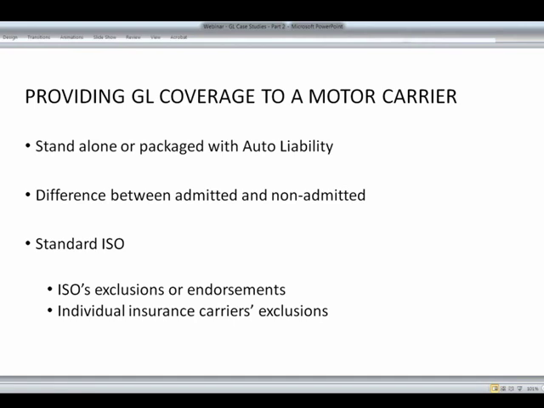So I'm encouraging you, whether it's admitted or not admitted, in my personal opinion, the difference is immaterial. There is some concern about the guarantee funds, that with admitted paper, if the insurance company becomes insolvent, then any claims would fall to the guarantee fund, where the non-admitted paper does not.